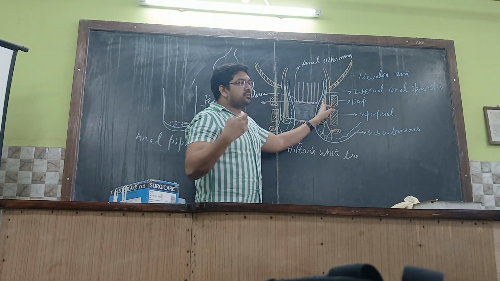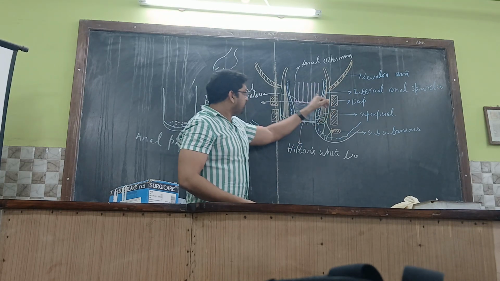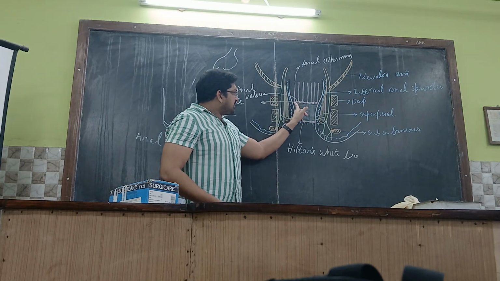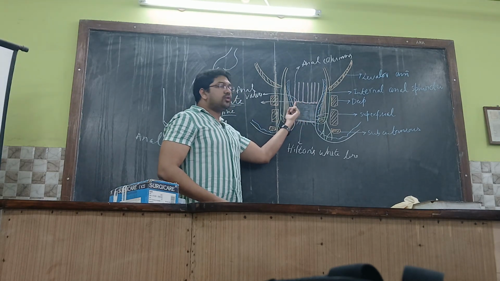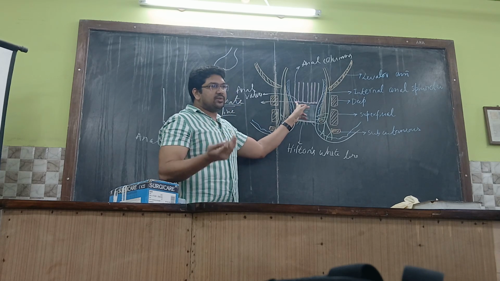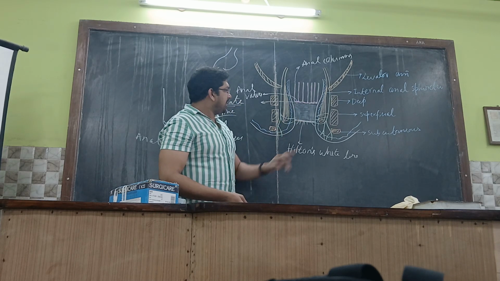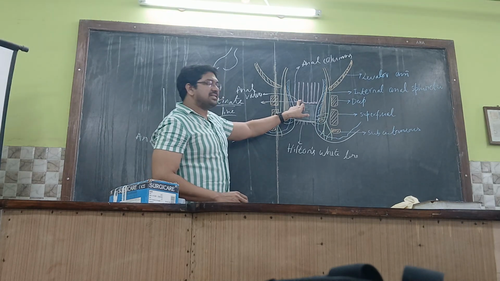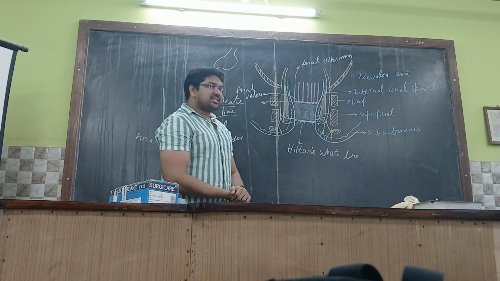These terminologies are very much important, that's why I'm repeating again. These are the anal columns. Adjacent anal columns are connected by means of the semilunar anal valves. From the anal valves, epithelial projections will occur. Those are termed as anal papillae. And above the valves, there is a space, a recess. That is nothing but the anal sinuses.